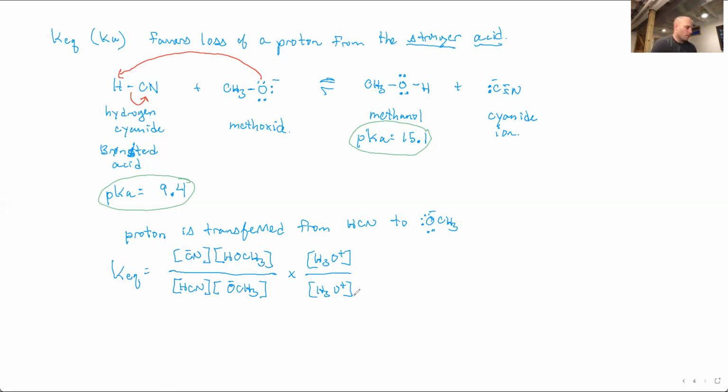And so even HCN in water is going to be dissociated to some extent. And so there's going to be hydronium both in the starting materials and products. I put them in there for completeness. They obviously cancel each other out, but they're going to help us with the math.